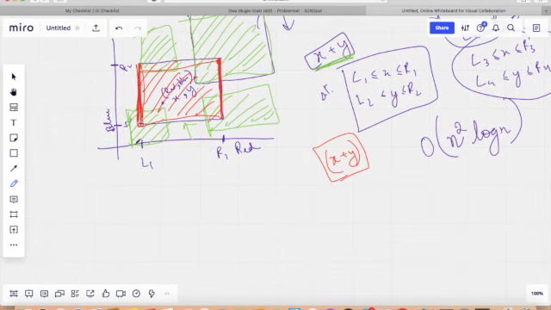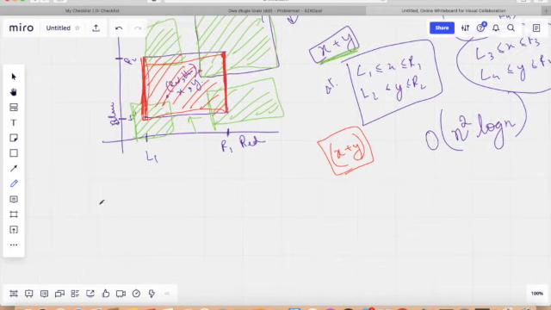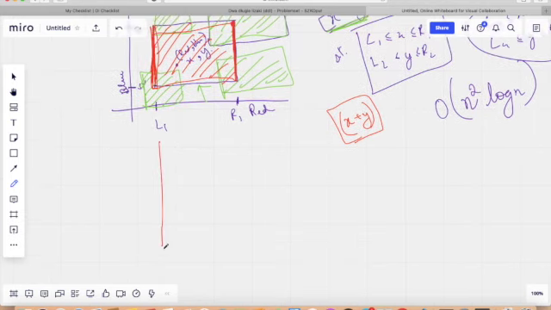So as with many other rectangle problems, we try to do this using an offline sweep. So what do we do in the offline sweep? We have a line which is basically corresponding to x equal to c for some value of c, and we sweep this line over the xy plane.